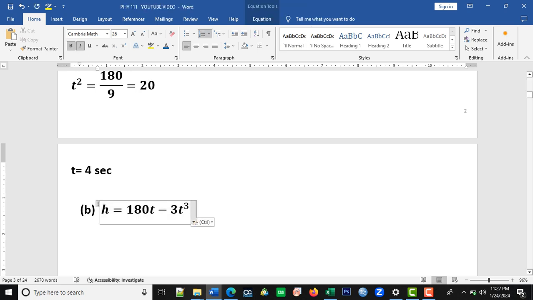And then we are going to substitute the value of t, which is 4, into this expression. Since that was the time taken to reach the highest height, whatever it will give us would be the value for the highest height. So I now put 4 here.